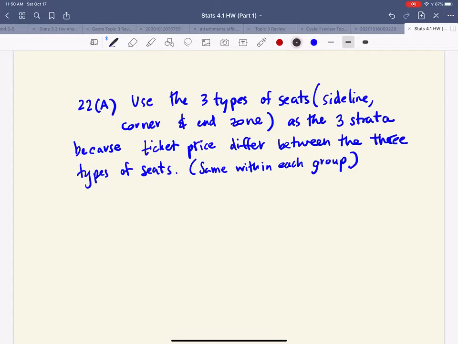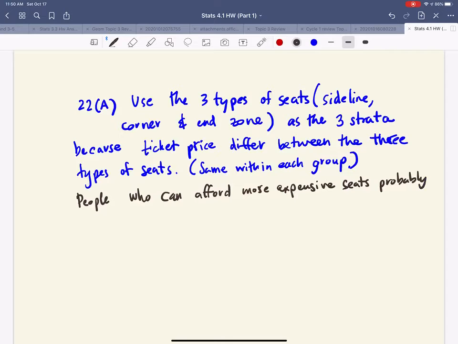So we're thinking, well, what was the reason why? Well, we kind of said we think that people who can afford, or who are just extra enthusiastic about, more expensive seats probably have different opinions about, the question we're asking them is we're interested in finding out how they feel about concessions.